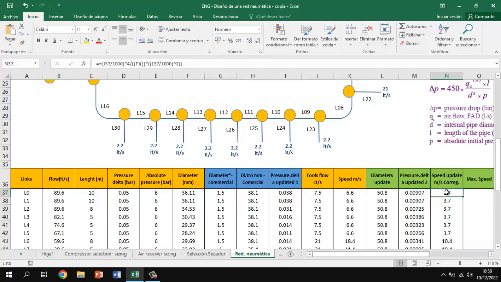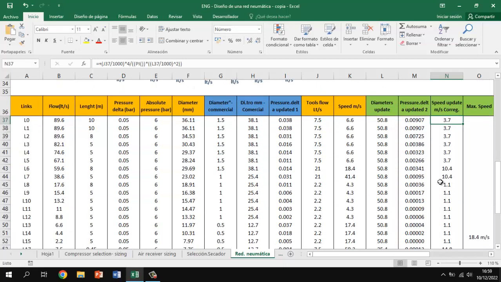I calculate again the velocity, or the speed of the airflow, the same way, but now I'm using the new commercial diameter. So where we had a problem before, now we are okay. 10.4 is a good condition.